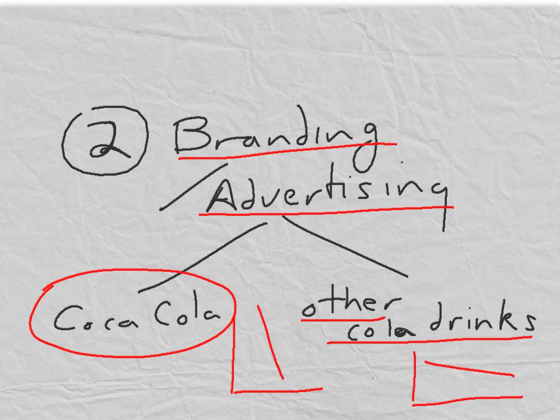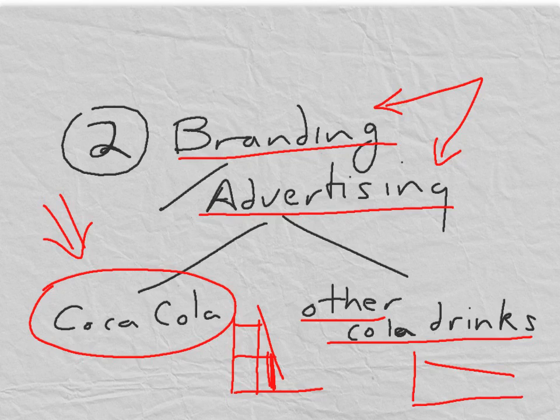And the reason is the level of advertising and branding that goes behind Coca-Cola compared to other cola drinks. This makes customers loyal to Coca-Cola and means that even if the price of Coca-Cola goes up, they will continue to buy roughly the same quantity of this drink compared to other cola drinks which have less advertising behind them and command less brand loyalty.